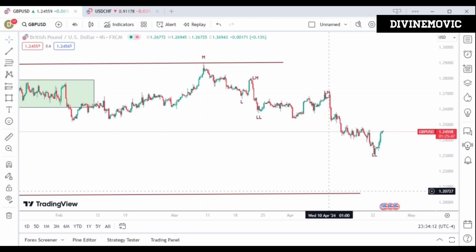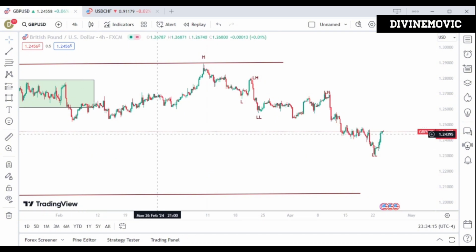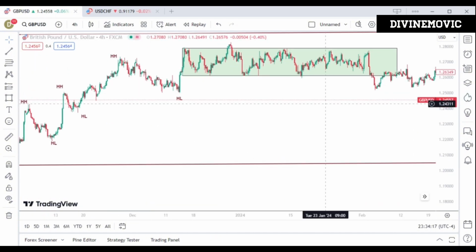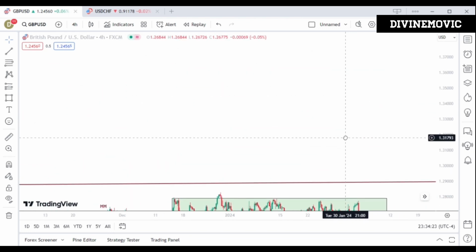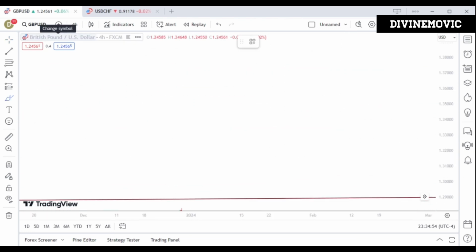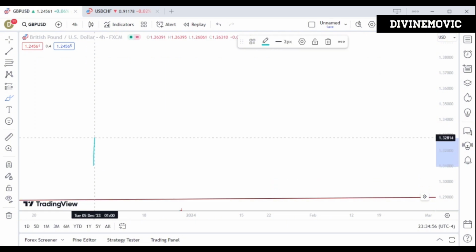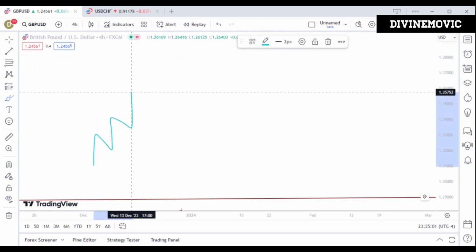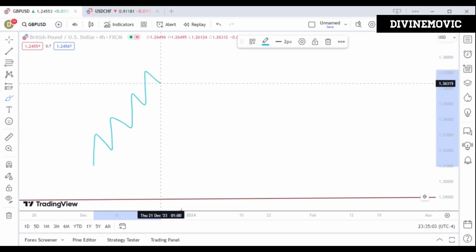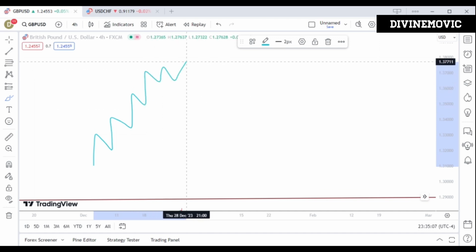Now let me give you a brief analogy of what happened in this trend. Remember, first we were able to identify the higher highs and higher lows, then the ranging phase, and then the downtrend. Let me give you a skeleton of what we just did. Remember, first price was in an uptrend, giving us higher highs and higher lows. Then price started going into the ranging phase.